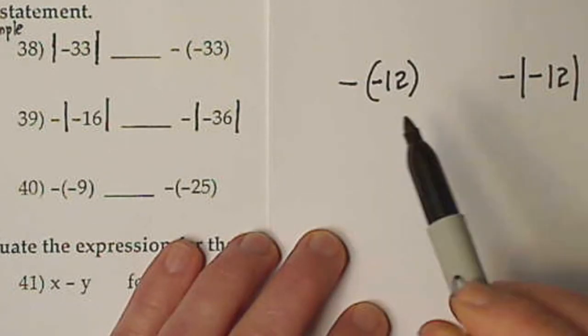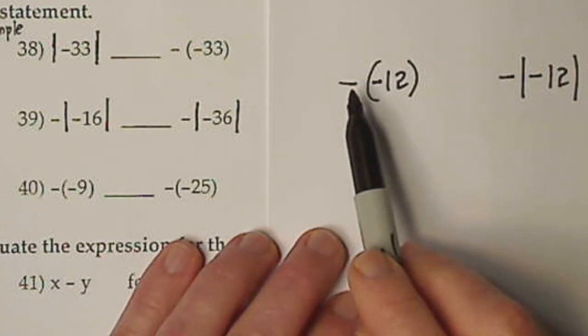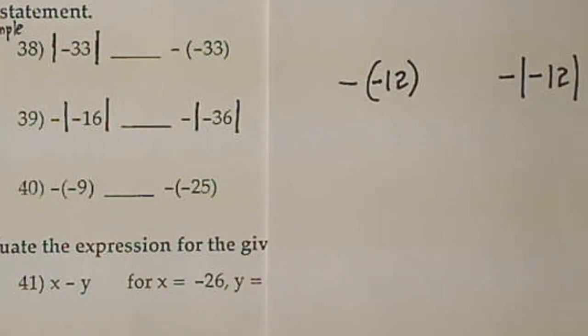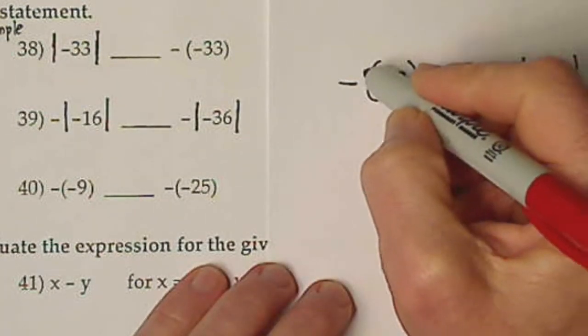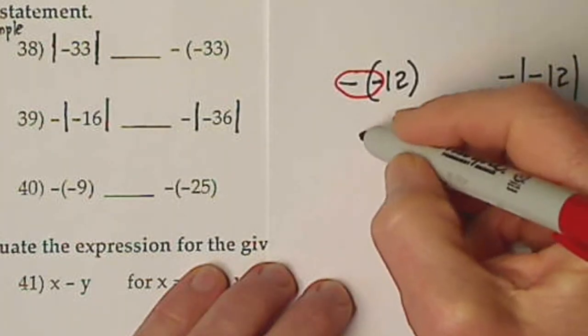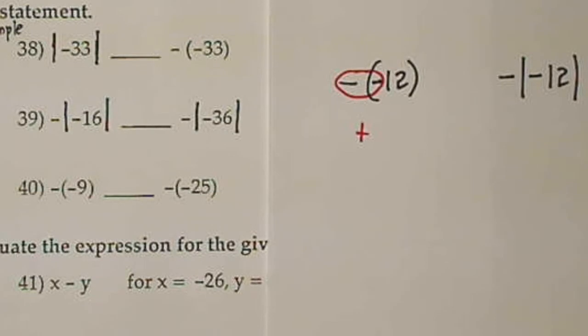By the way, in math jargon, this is the opposite of negative 12, but I'd just rather read it as two negatives sitting in front of a number. So I'm going to use my rules for multiplication, clean it up. Negative times negative is positive. So the 12 just drops down.